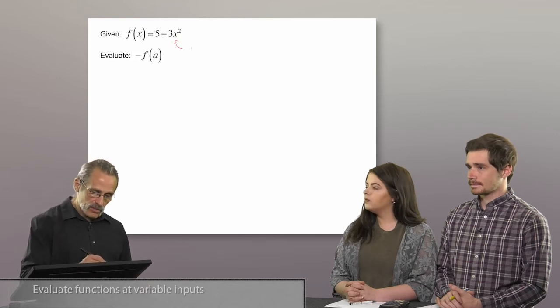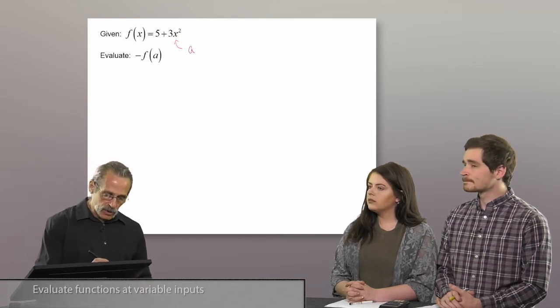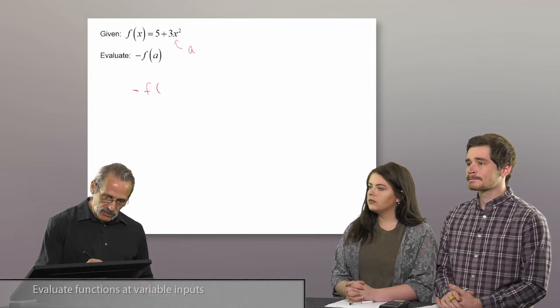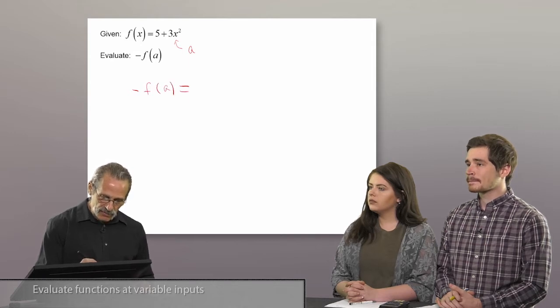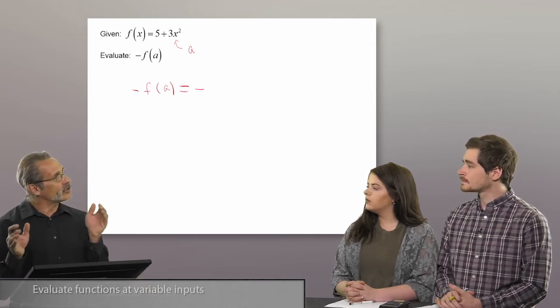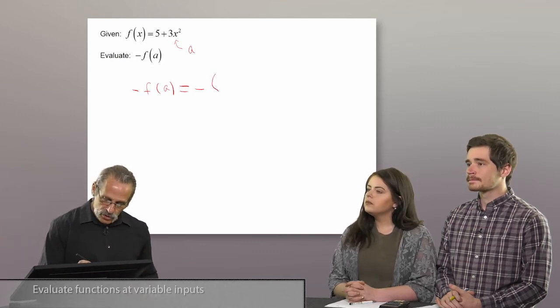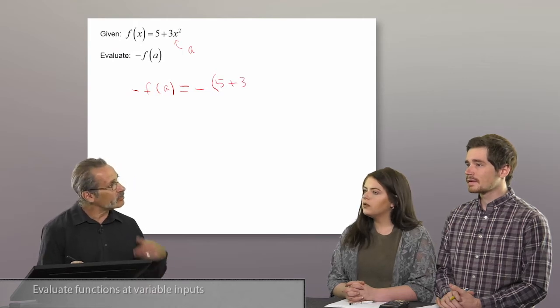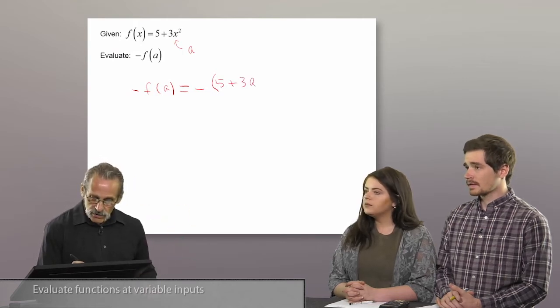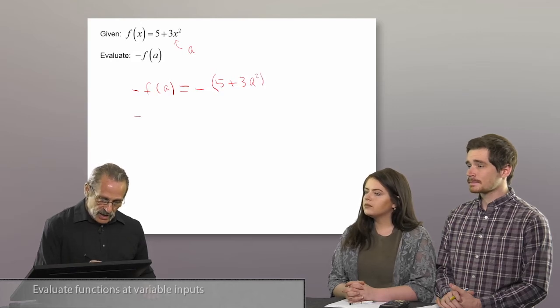A. So that means I'm going to write down negative f of a, and I'll take negative, and then I'll go ahead and do that substitution. And when I do that substitution, notice I'm taking negative of two terms. I have 5 plus 3 times a squared.